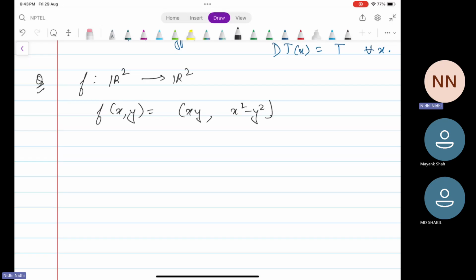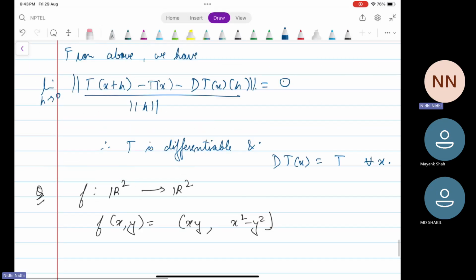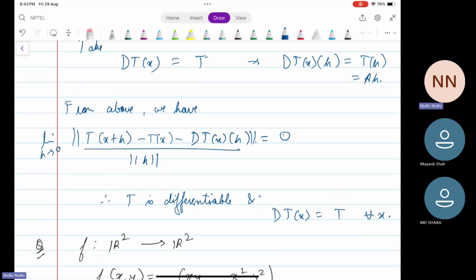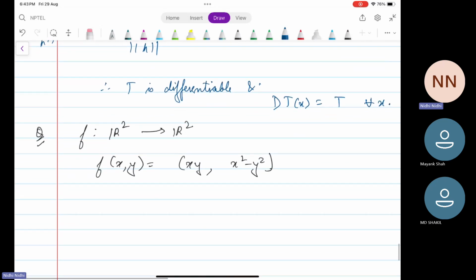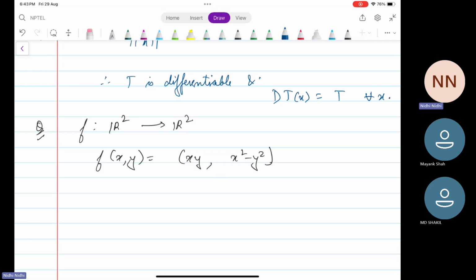All we need here is the fact that the Jacobian matrix is always the best candidate for the derivative, because it is very difficult to guess what derivative we should take, as there is no specific way in which we can find the derivative. We need to find some linear map which satisfies this condition. So a good idea is to start with the Jacobian.